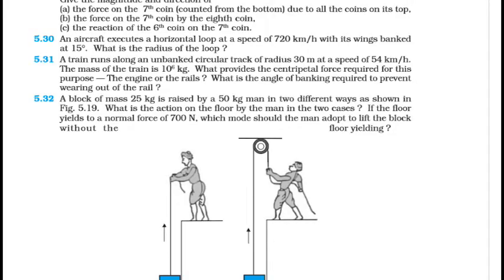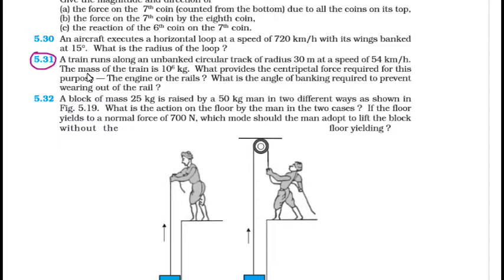In the last class, we have done till question 5.30. Today we'll start with 5.31 exercise questions. A train runs along an unbanked circular track of radius 30 meter at a speed of 54 km per hour.